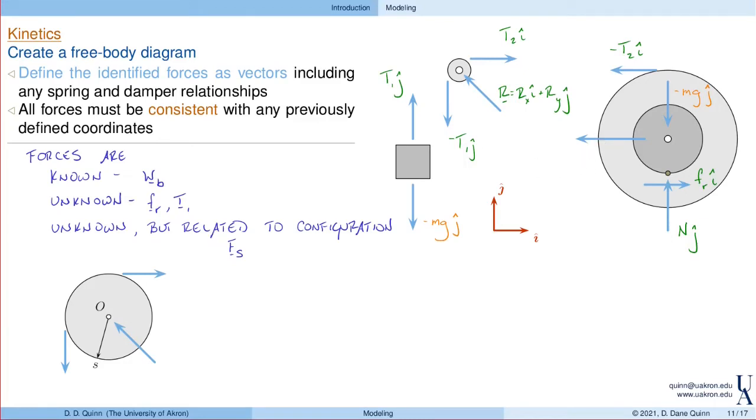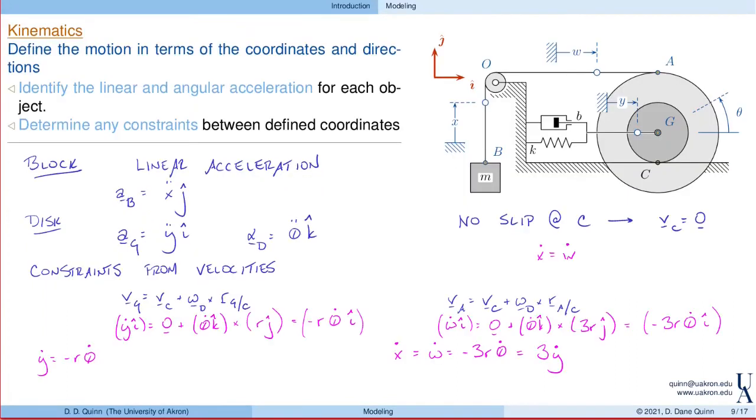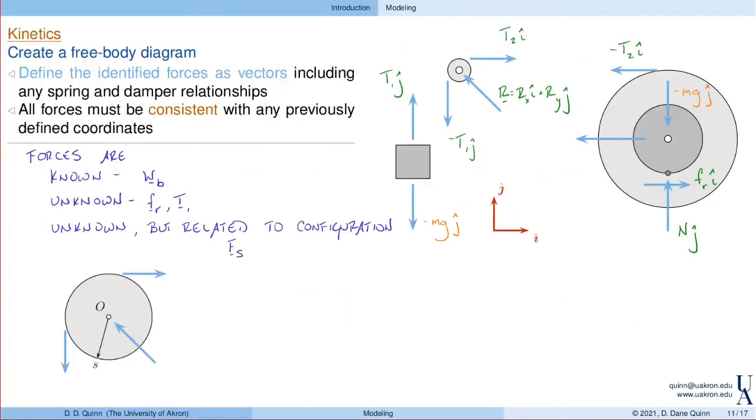Now, recall that Y measured the displacement of the center of the disk, or the stretch in the spring. So if Y is positive, then the center of the disk moves to the right, which means that the force is then minus K times Y in the i direction.